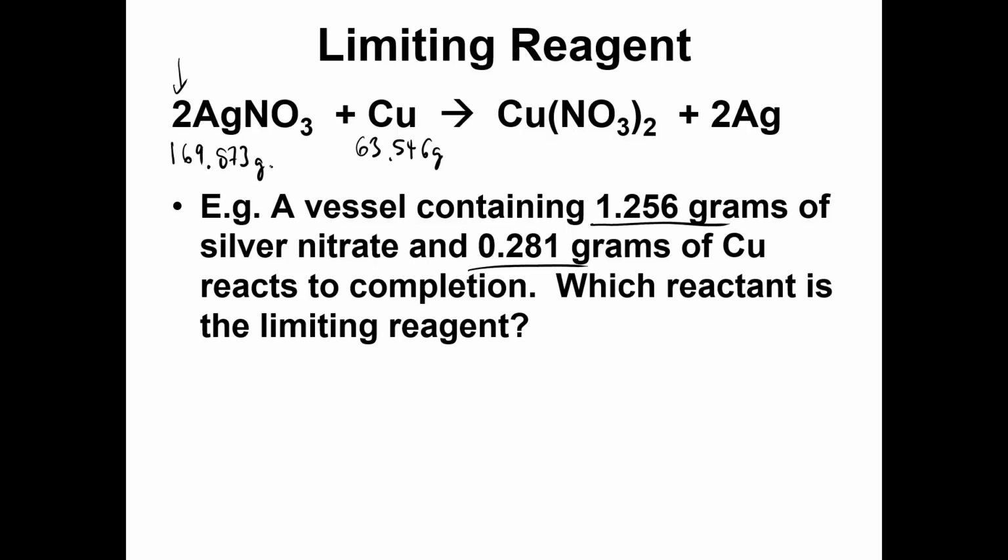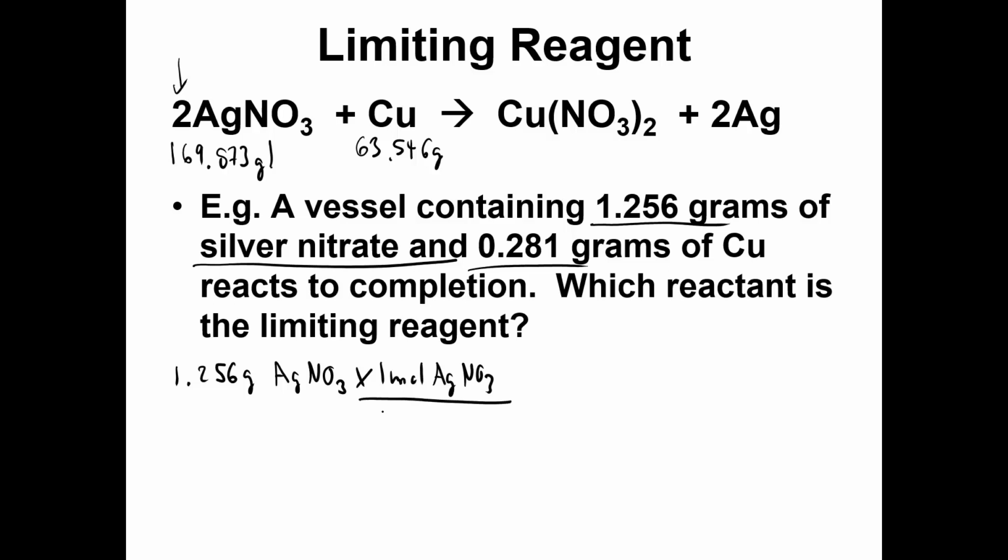Those are the molecular weights, and so my first step is to say I have 1.256 grams of silver nitrate, AgNO3. I'm going to convert that to moles, times 1 mole of AgNO3 divided by 169.873 grams.